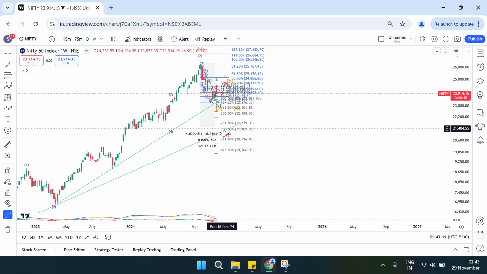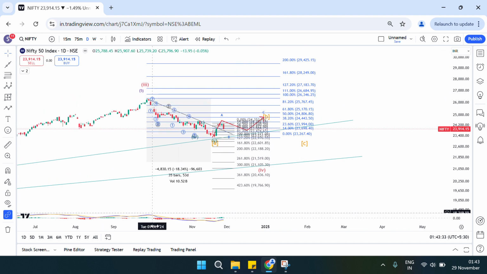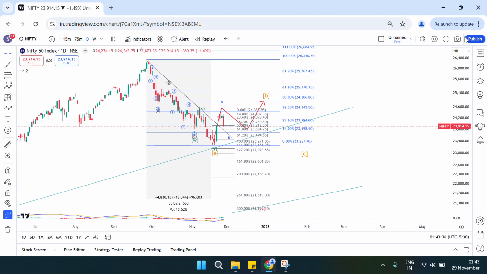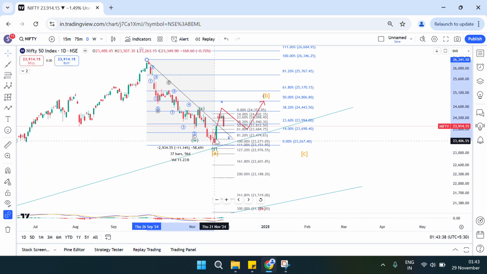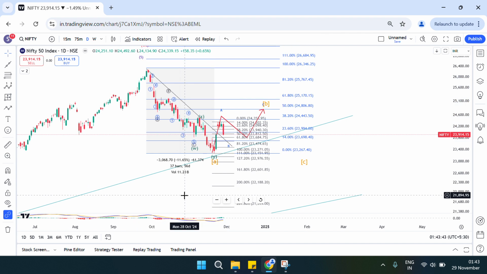It is possible to even break this further if we have like an extended wave here, or if the rule of overlap is allowing 5% more fall there. Now, out of this entire 18% that we are looking at, we are already at 11%. So Nifty has corrected around 11 to 12% already, and we are treating it as A of the whole zigzag fall.